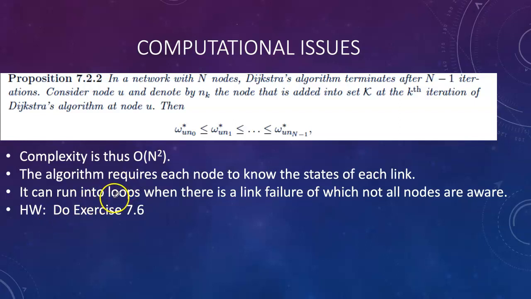Note that the algorithm can run into loops when there is a link failure of which not all nodes are aware. Exercise 7.6 in the textbook deals with this situation, so I recommend that you try doing that.